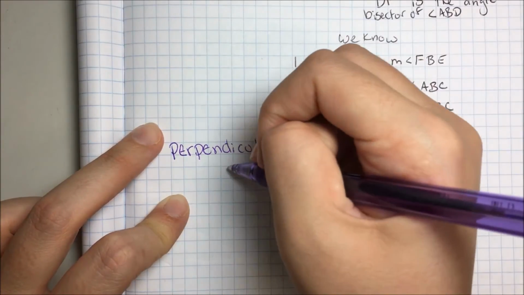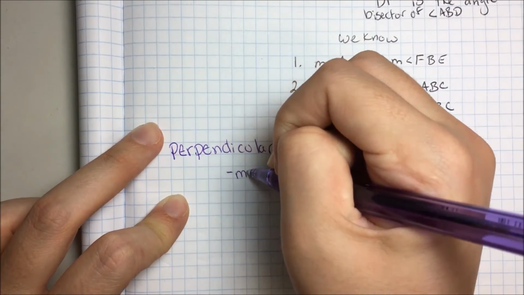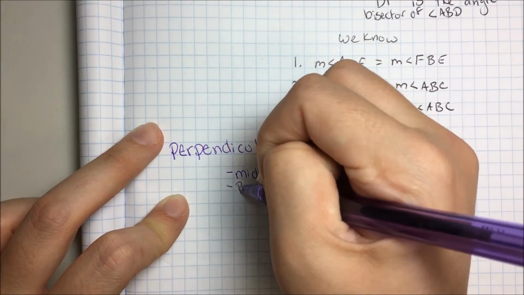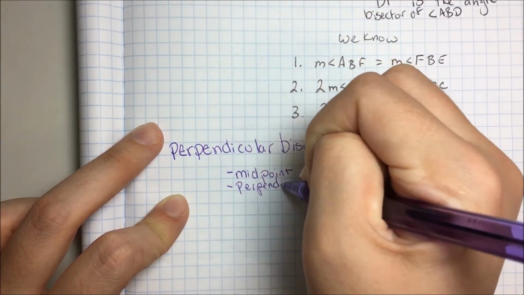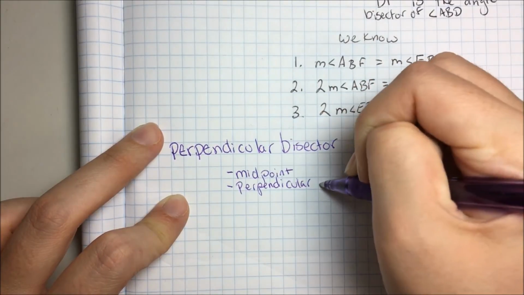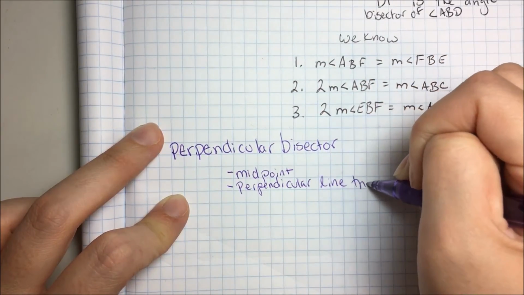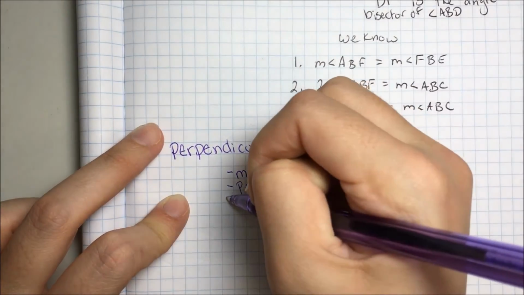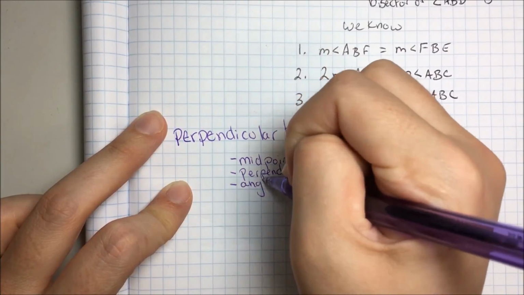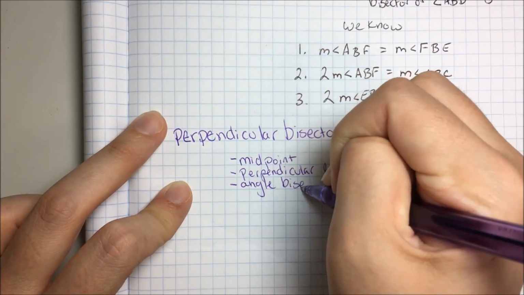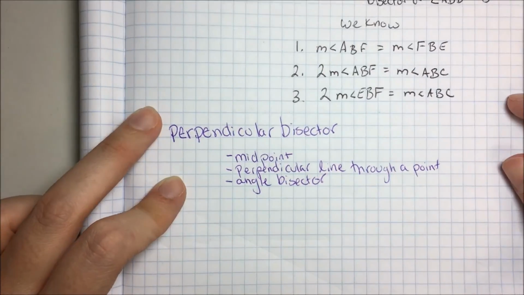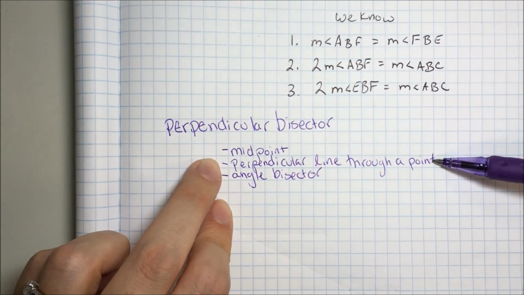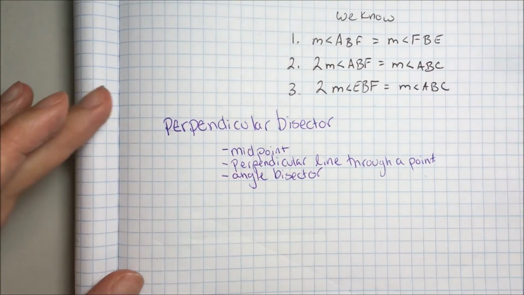construction we can do midpoint, perpendicular line through a point, and we can do an angle bisector. So by knowing how to do the perpendicular bisector construction, we can find a midpoint, a perpendicular line through a point, and an angle bisector.